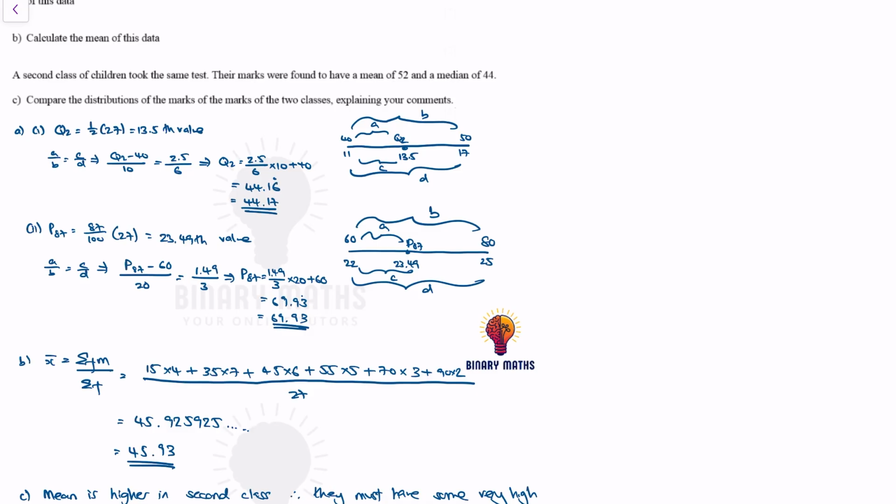The median is 44 for the second class and 44.17 for the first, so the median is similar. If the median is similar but the mean is higher, they must have some extreme, very high values.